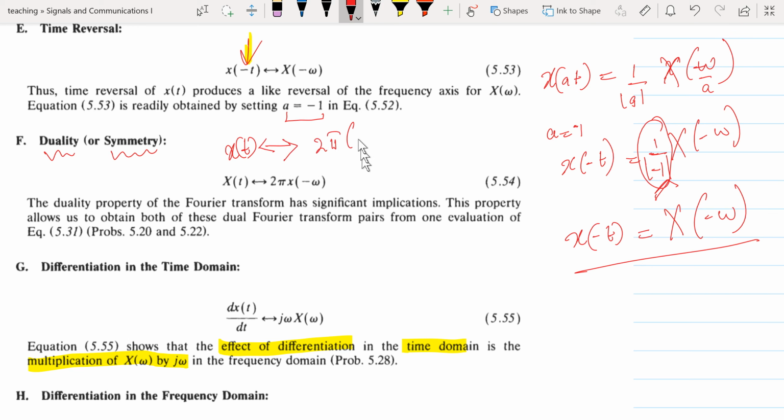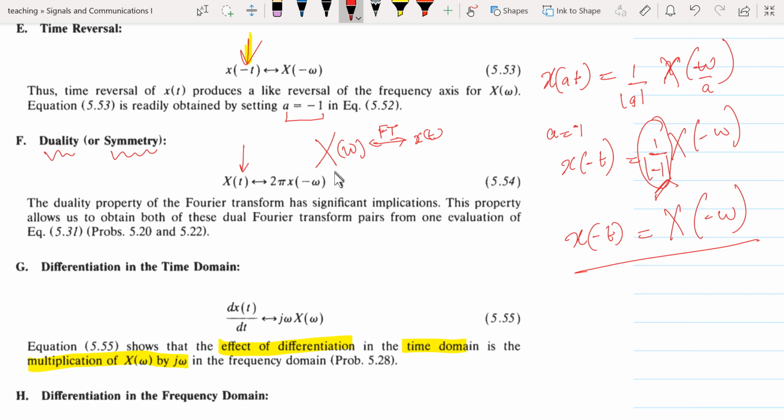I think here again I want to rectify myself and say that we are considering interchanging these parameters. Ordinarily, we say that x of t transforms to X of omega, and this is a Fourier transformation.